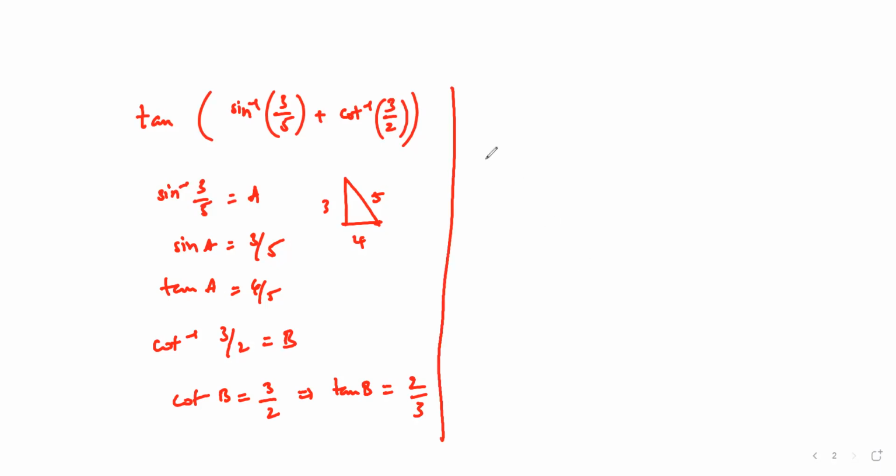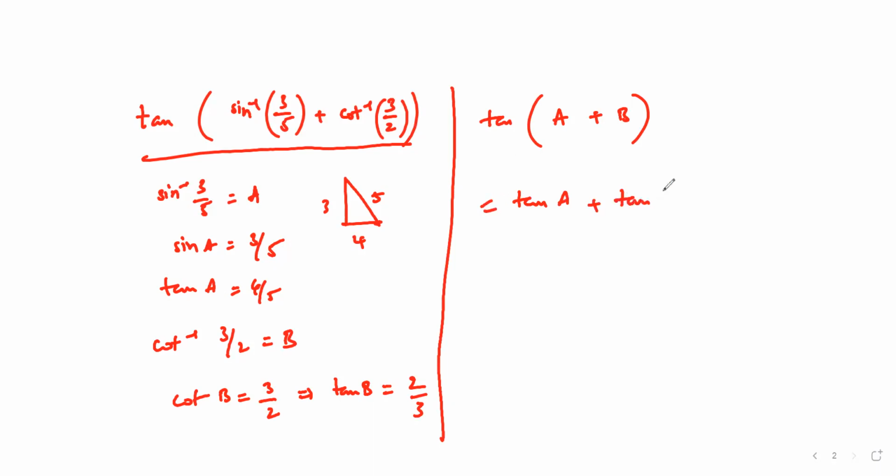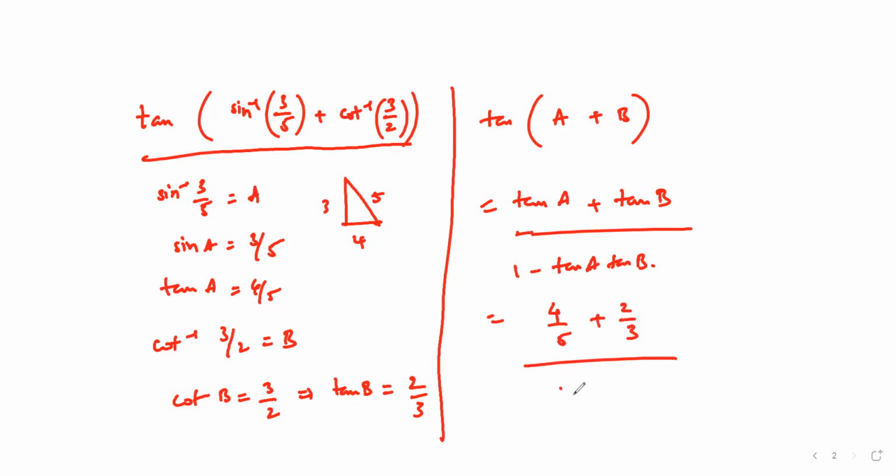This is in the form of tan of A plus B. What is tan of A plus B? Tan A plus tan B by 1 minus tan A tan B. So tan A is 4 by 5, tan B is 2 by 3, minus 4 by 5 into 2 by 3. 12 plus 10 by 15 minus 8. 22 by 7.